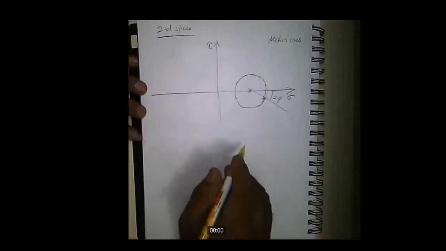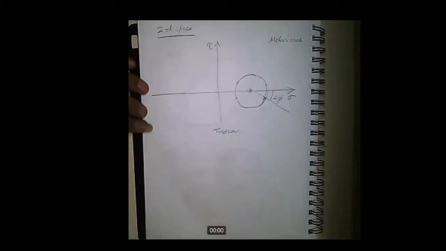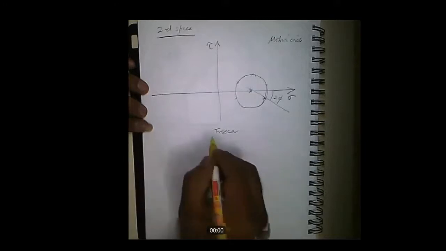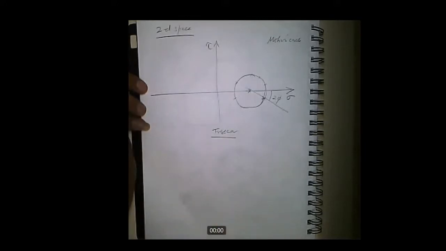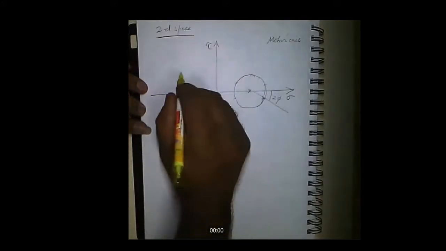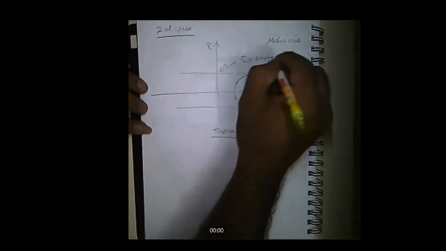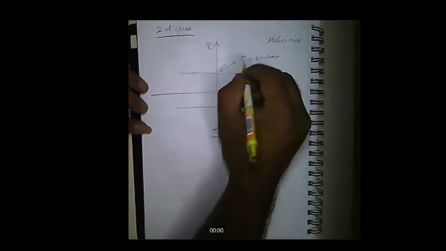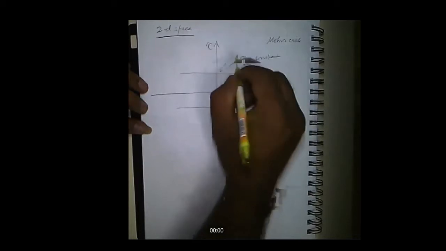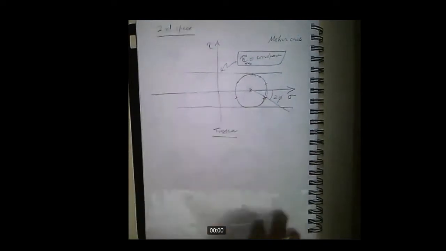In this, supposing I have to represent the Tresca condition. The Tresca condition says that find out the maximum shear, and that has to go to a limit. Whether it is like this or any other, I am only saying that tau max equals constant. What tau? Tau max is my Tresca condition.